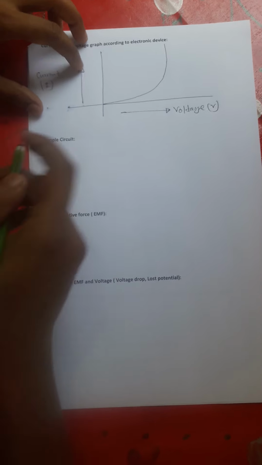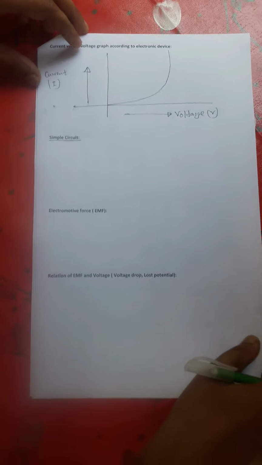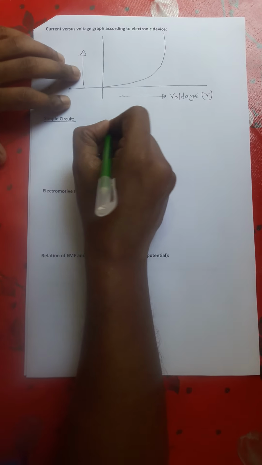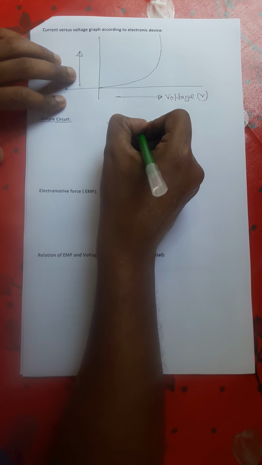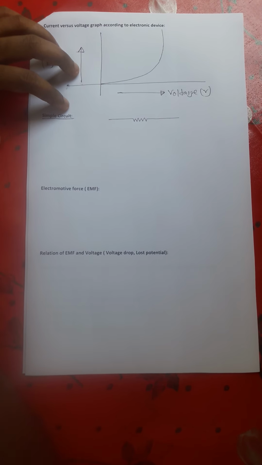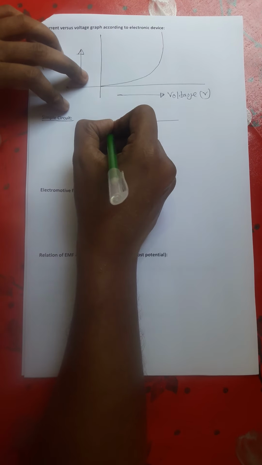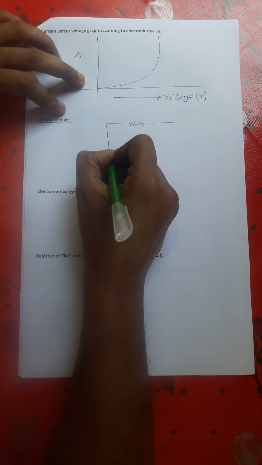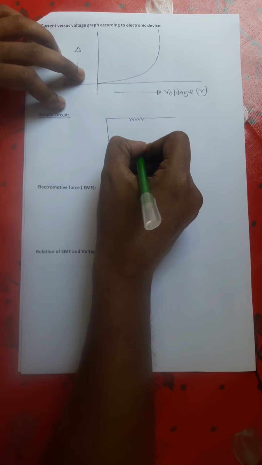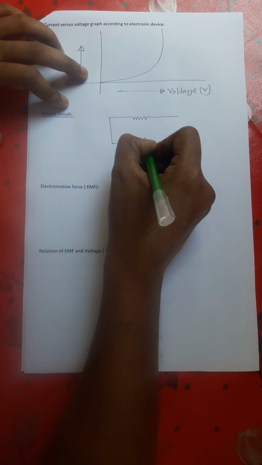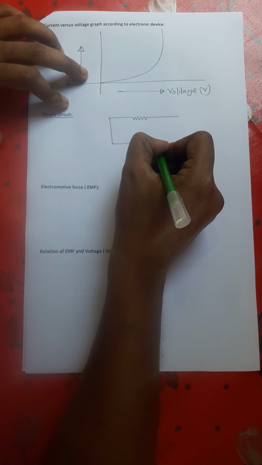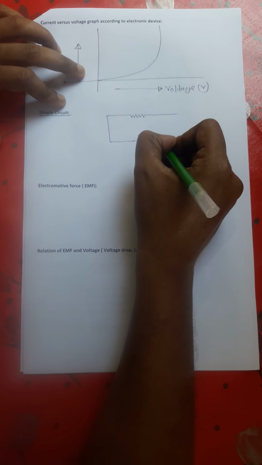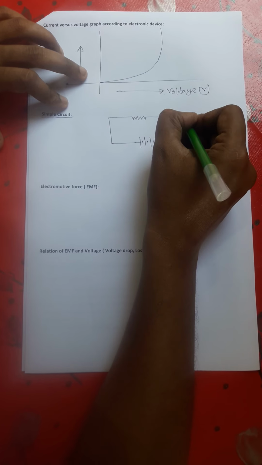Simple circuit. In my next topic, I am going to discuss the simple circuit. Say this is a resistance. I need to apply an electrical cell or battery, and I want to use a switch or key here.